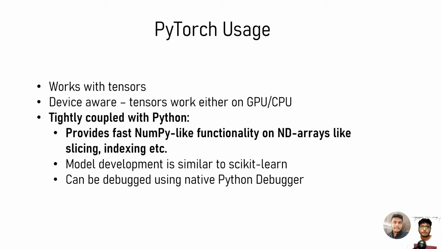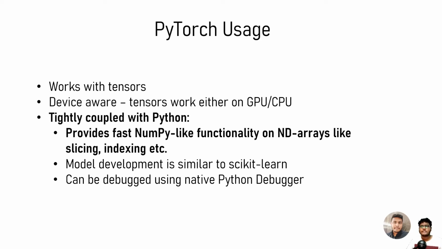And now the most important thing which Python developers love is PyTorch is highly coupled with Python. So you have all these different Python libraries that you would have worked on till now, like NumPy, Pandas and all these things, and you will see that PyTorch is highly coupled with these libraries as well, and you can pretty much convert a NumPy ND array into a PyTorch tensor and vice versa.